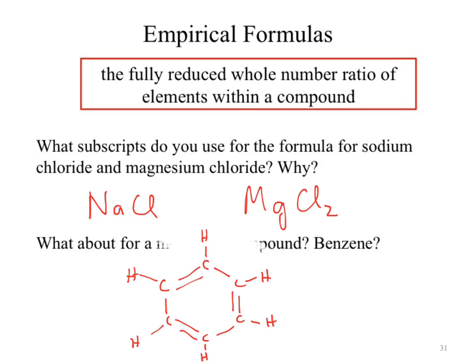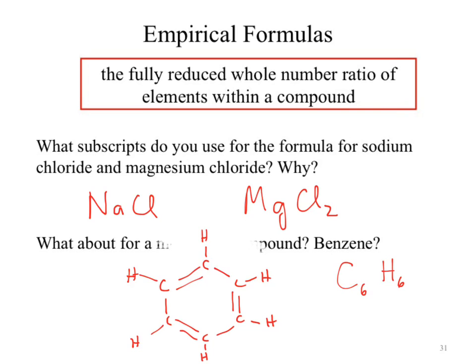What would its formula be? C6H6. Well, you can just count them out. It's not that difficult. So C6H6, 6 carbons, 6 hydrogens. Does that match the same type of thing that we've got going with our ionic compounds?